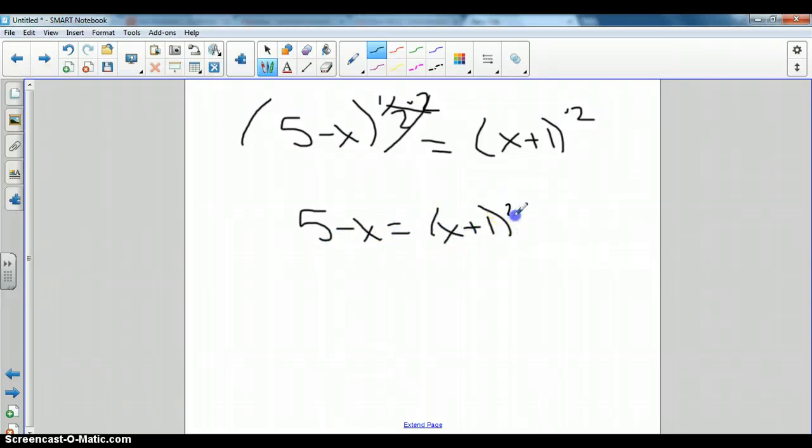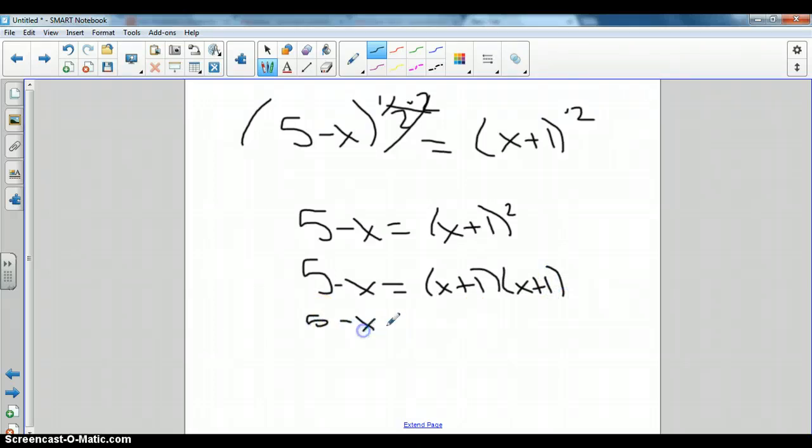I can't remember if you remember from algebra, but anytime we square something, that's that times itself. This is really no different. It's going to be x plus 1 times x plus 1. You use FOIL or the distributive property, however you learned it. Same results. X times x gets us x squared.